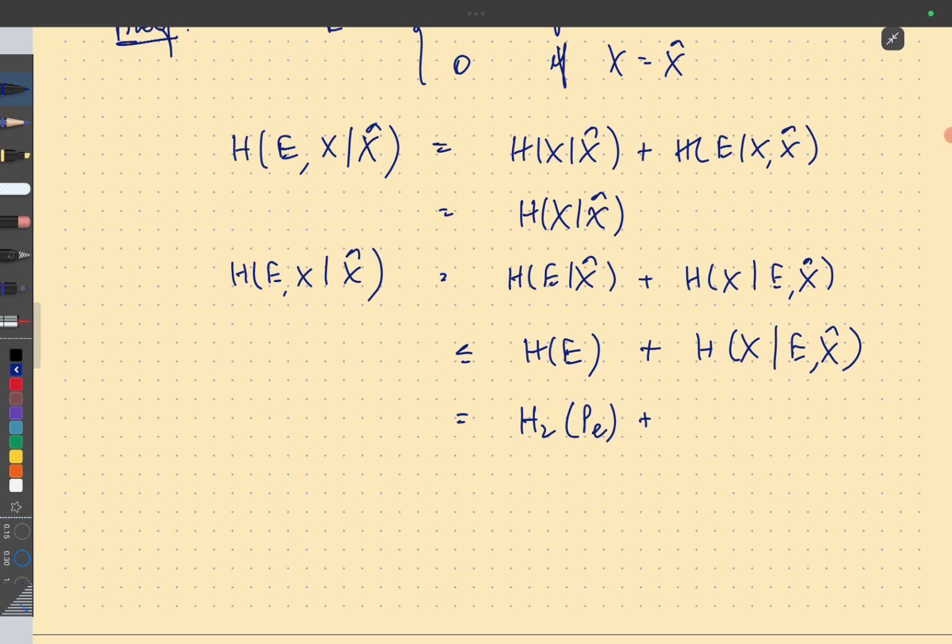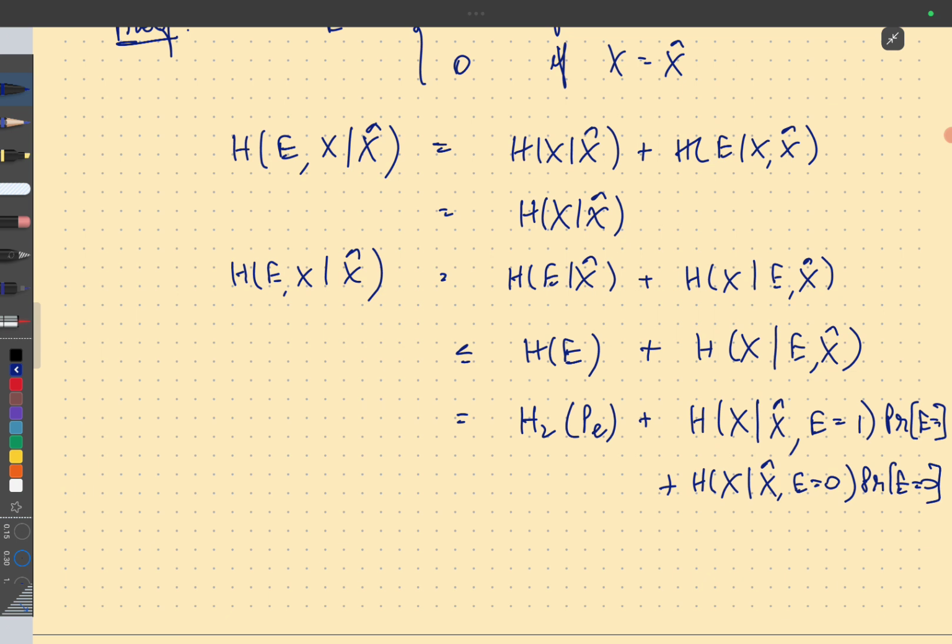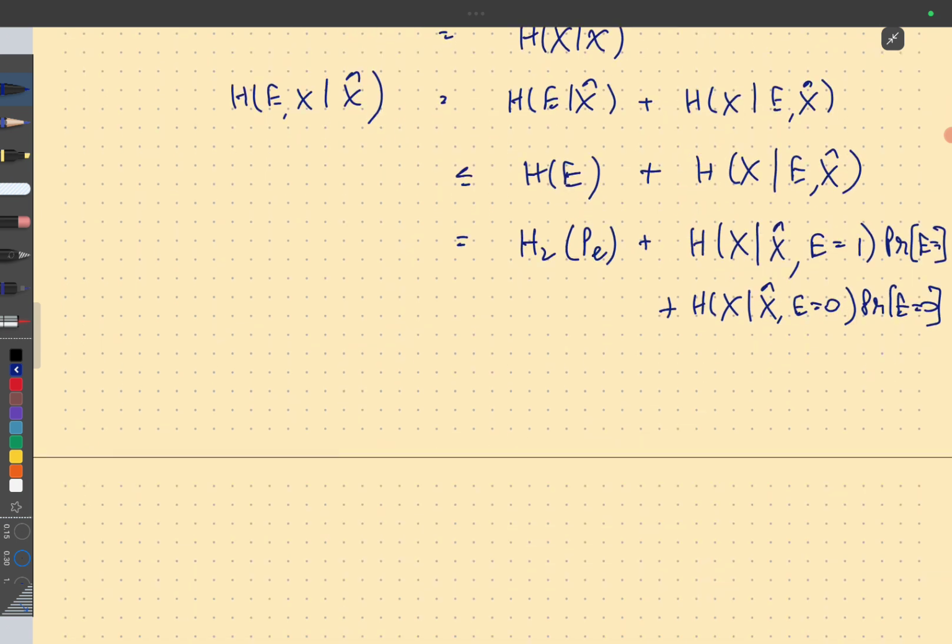Now I have H of x given E comma x hat. I'll again write this as the entropy of x given x hat and E equal to 1 times the probability that E is equal to 1, plus the entropy of x given x hat and E equal to 0 times the probability that E is equal to 0. What can I say about the second term?